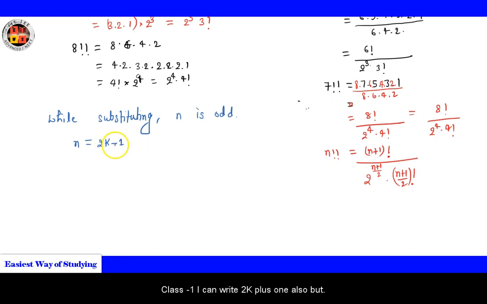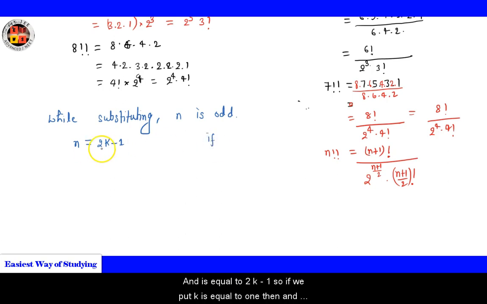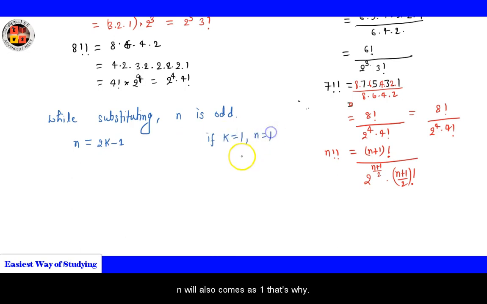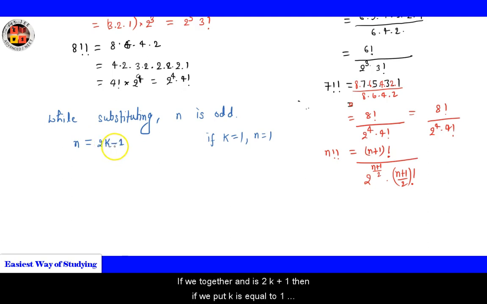I can write 2k plus 1 also, but if I write n is equal to 2k minus 1 and put k equal to 1, then n also comes as 1. That's why I take n as 2k minus 1. If we took n as 2k plus 1, then putting k equal to 1, n would become 3. So I have taken 2k minus 1.